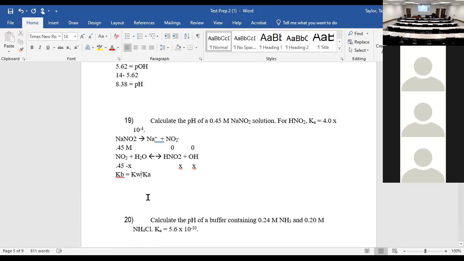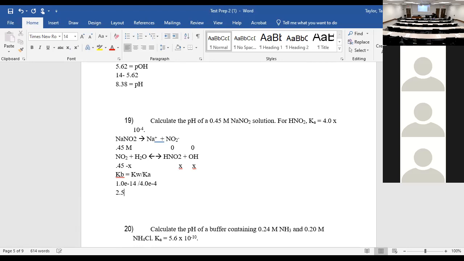And we know Kw is equal to 1.0 times 10 to the negative 14th. So 1.0 E negative 14 divided by 4.0 E negative 4. And if you do that in your calculator, you get 2.5 times 10 to the negative 11th.